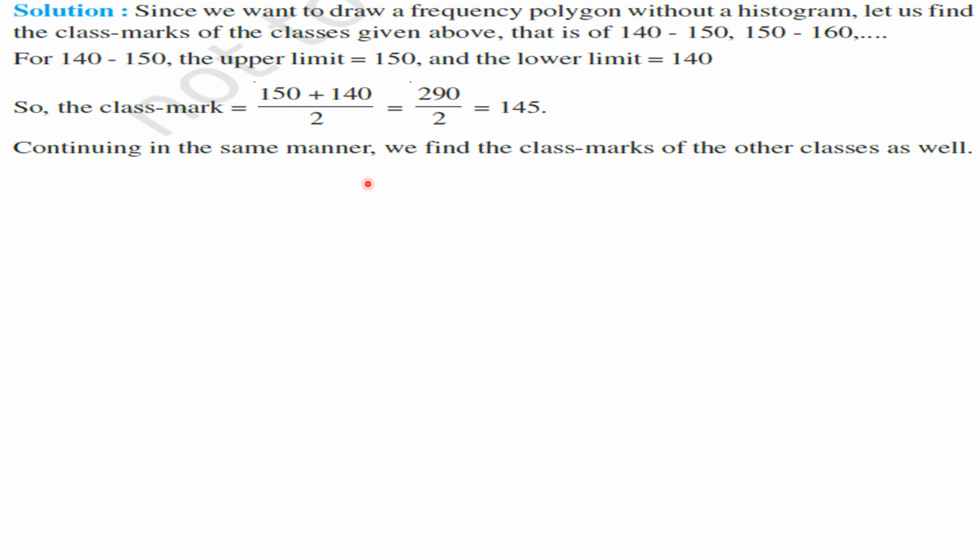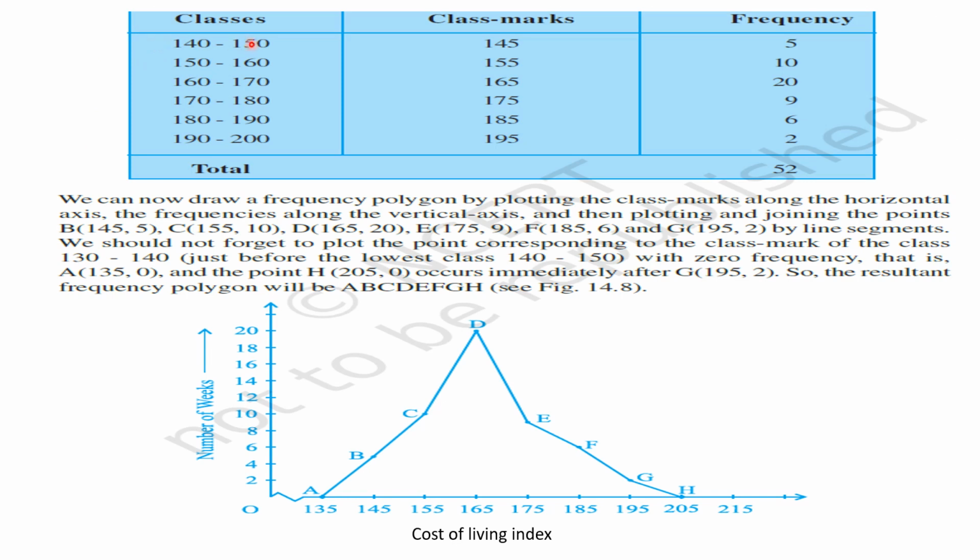Continuing in the same manner, we can find the class marks of the remaining class intervals. Now see this table, my dear children. These are the classes. For 140 to 150, the class mark 145 we have already calculated.